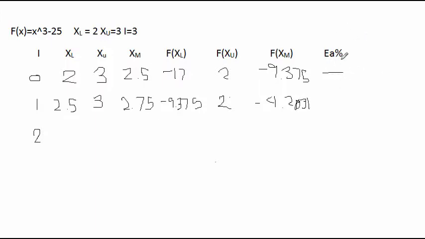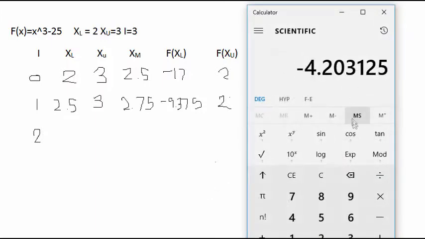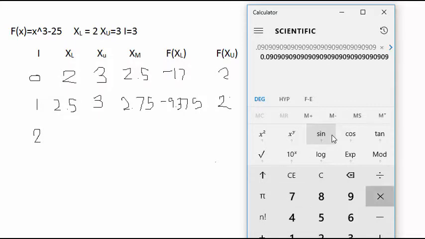Now we will get the approximate error. The approximate error is the present value minus the previous value over the present value of the midpoint of x, times 100. So we will calculate it. 2.75 minus 2.5 divided by the present value of the midpoint of x, 2.75, times 100.